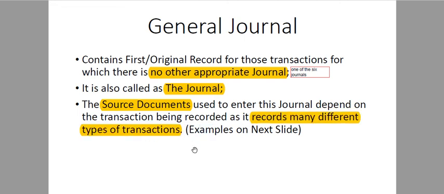So the document will also depend on the transaction. So it could be an invoice, it could be an internal voucher, or it could be some other document, which may be prepared internally, and you're going to see it when we make entries in this journal. So let's move on.